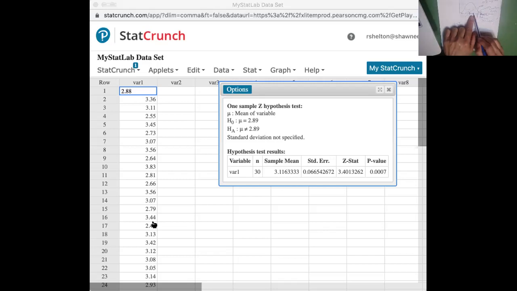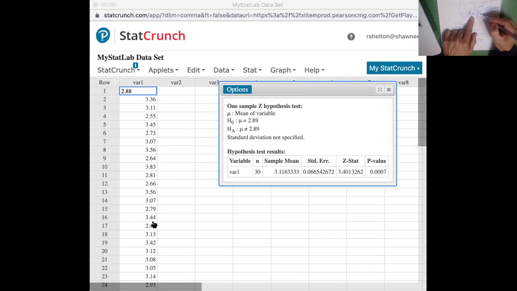Probability of getting this is, say, what your sample was. If you got this for a sample value, the probability of getting that or something more extreme than that, more extreme means further away from the mean. Here's the proposed mean.